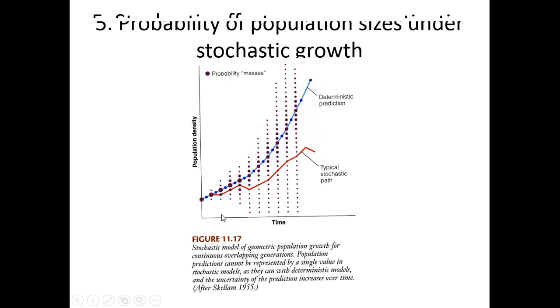On the other hand, this red line is one of the many possible stochastic outcomes. So on average, the population will follow an exponential increase. Okay, so on average, this is what it should look like. But any given population may look very different. This is that random wandering that we've been unable to model so far.